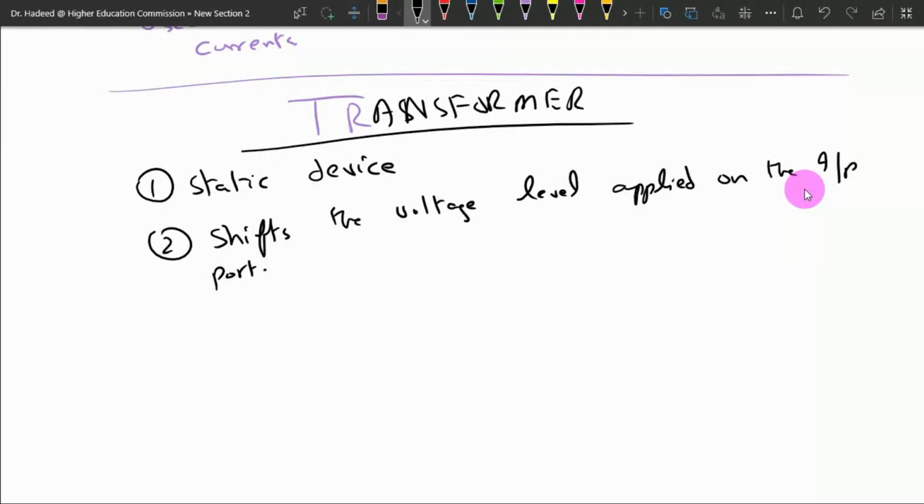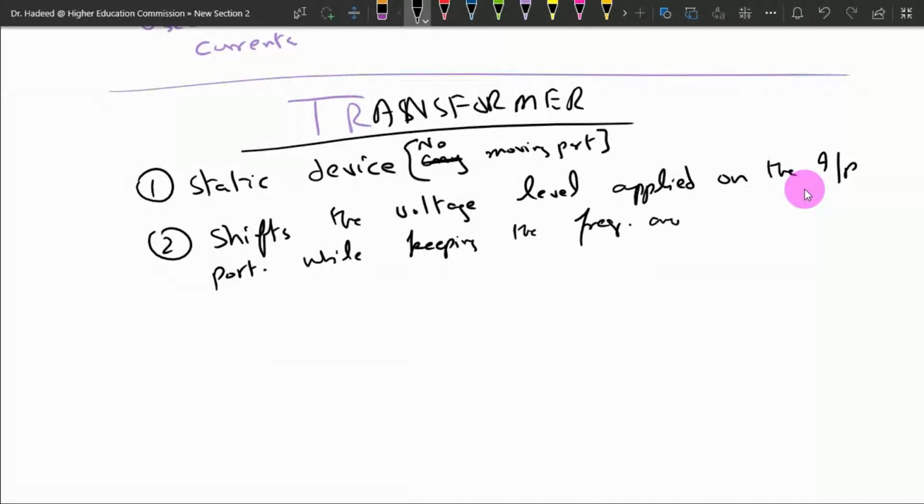It is a static device. That means we do not have any moving part. No moving part here, and it shifts the voltage level applied on the input port while keeping the frequency and power the same.